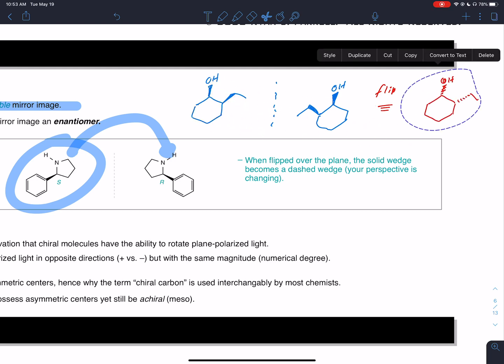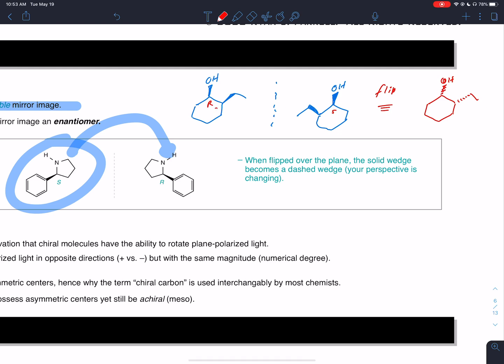Configurationally here, they are complete opposites. This would be R, this would be S, and the other asymmetric center would be S, and here it would be R. So they're configurational opposites. R goes to S goes to R, and they are non-superimposable mirror images, and we just proved that.